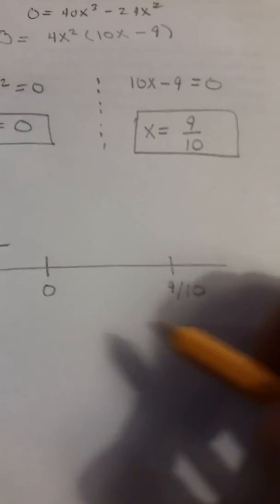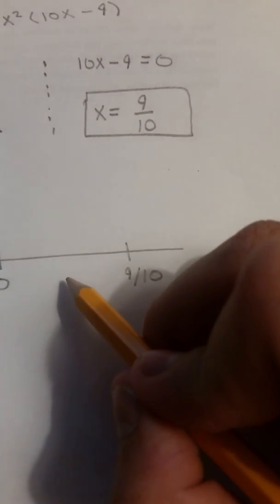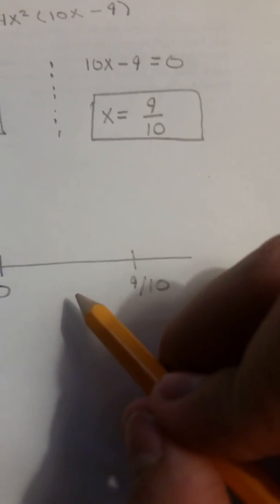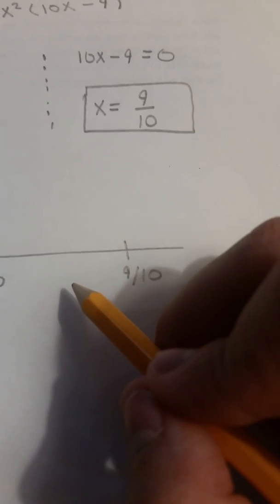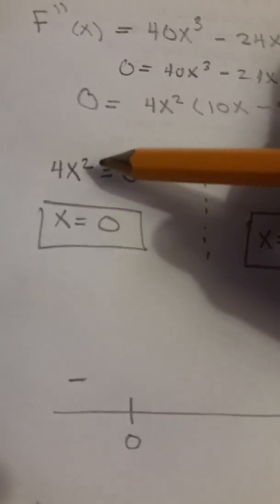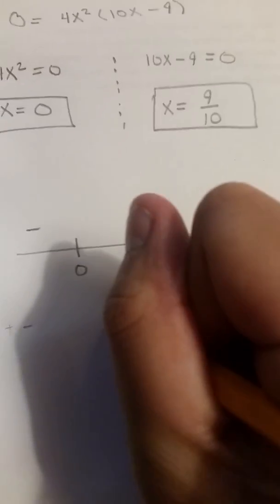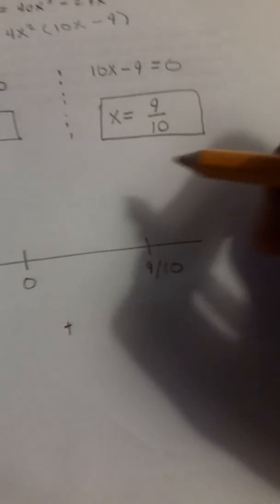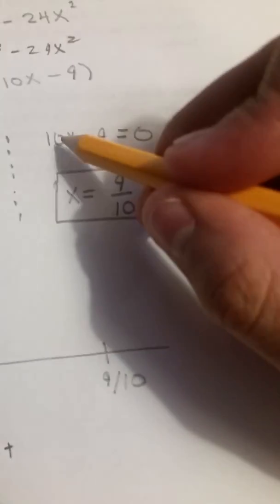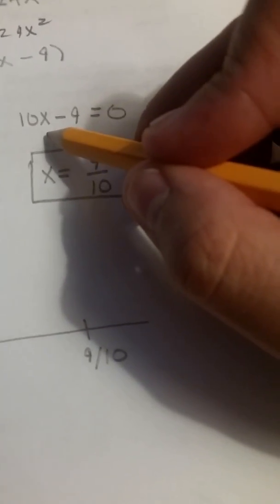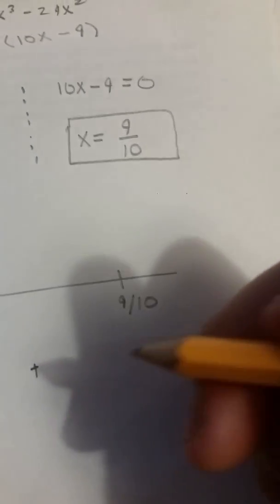Let's do the next number. You can really pick any number, and the first factor is going to be positive. So say you add a positive number in there, you get a positive answer. Now, add a small positive number in the other factor. It's obviously not going to be big enough, so it's going to be a negative number.